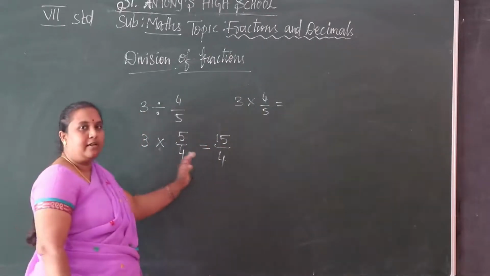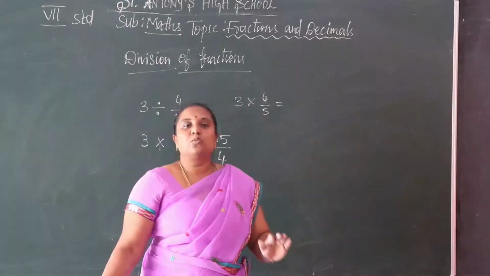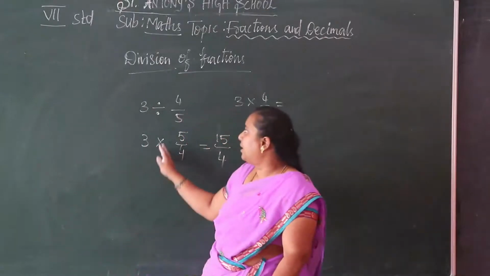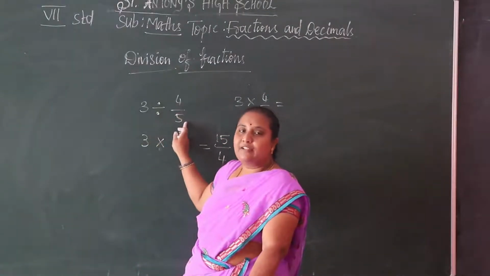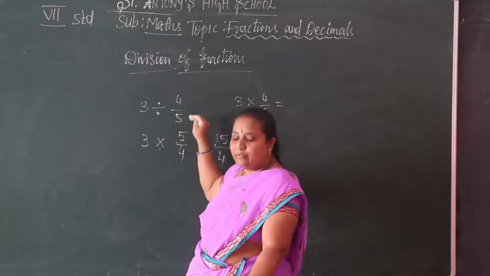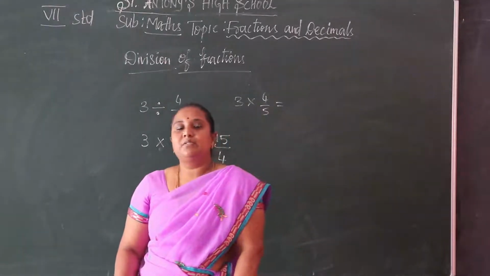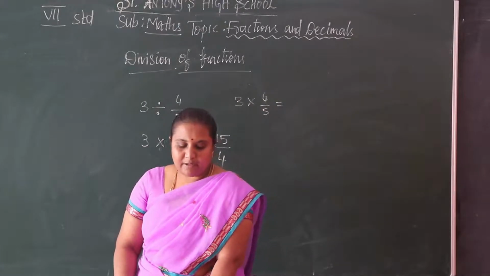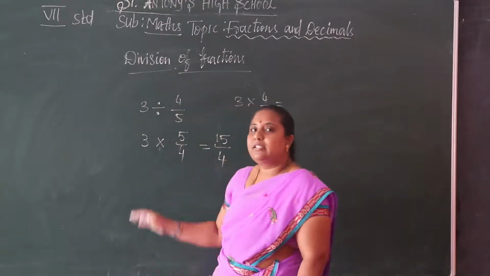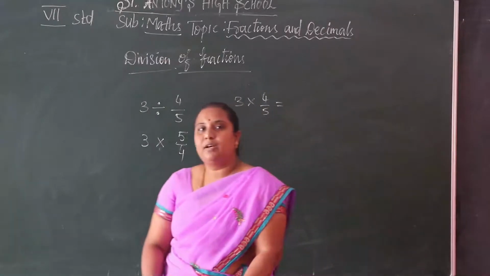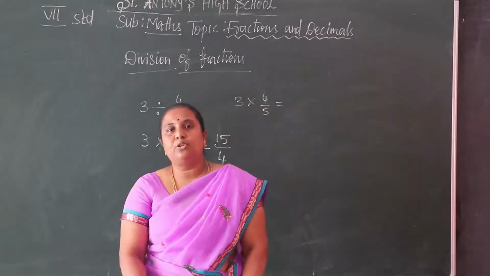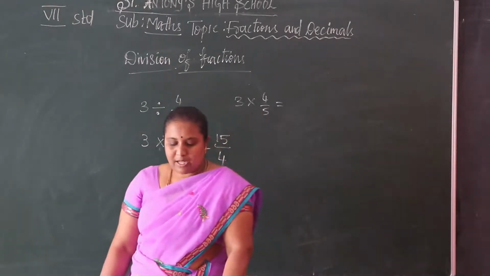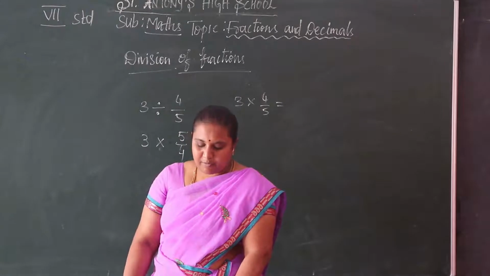So in the division of a whole number by a fractional number, we write the reciprocal of the fractional number and then multiply. While doing the reciprocal form, the division sign should be changed into a multiplication sign. Understood, children?